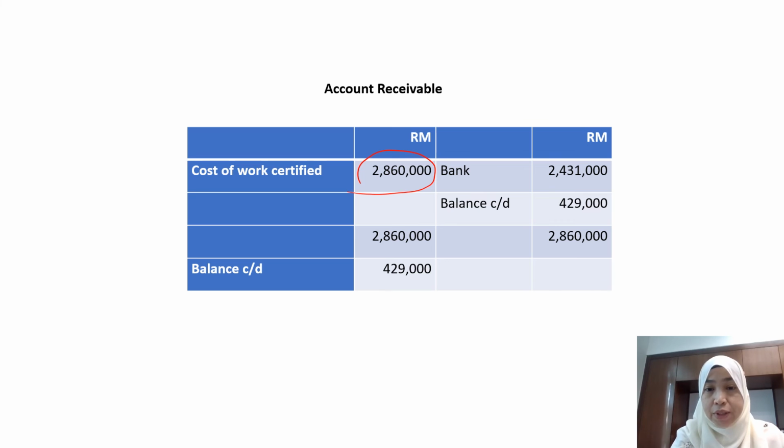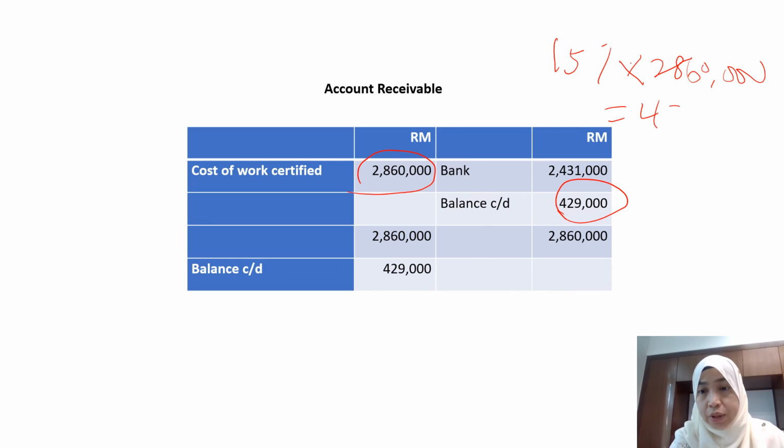So 15% retention money, this information under first additional info, multiply by 2,860,000. Then we will get 429,000. 429,000 is your retention money.